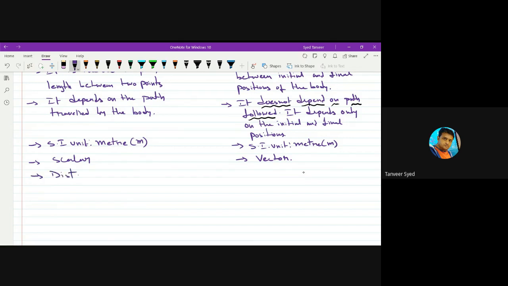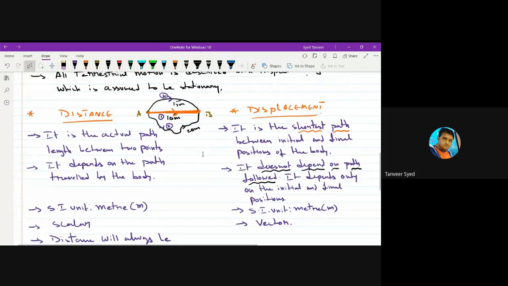Distance will always be positive. Distance traveled by a body will always be positive. Why? Because distance is the actual path length traveled by a body.